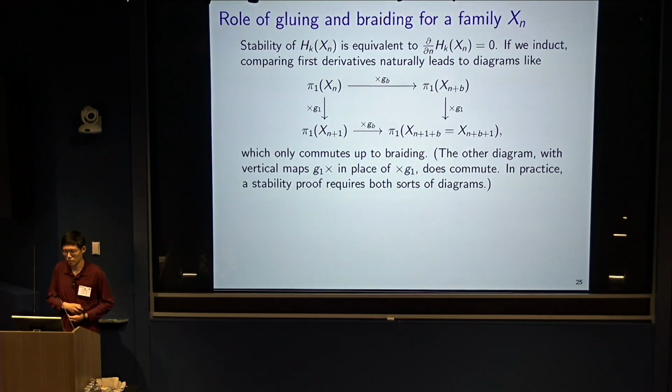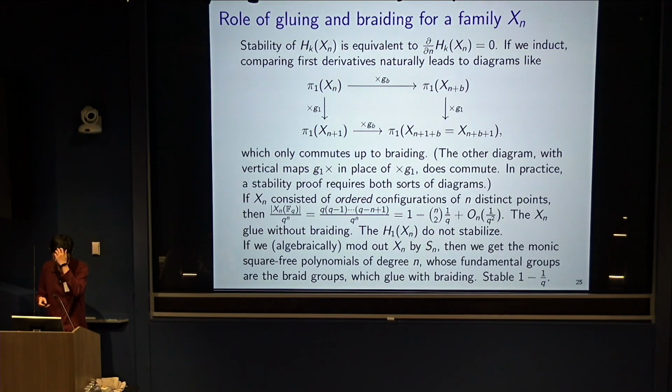Okay, so the point of gluing, or the induction, is that if you want to show stability, you could also think of that, which is not necessarily a universal thing. What's more universal is the derivative vanishing. So 0 is a very universal thing. And if you try to do some induction argument, what you find is that you need the braiding for it to work.